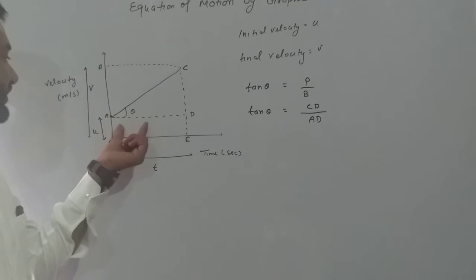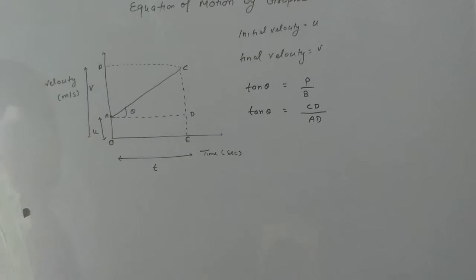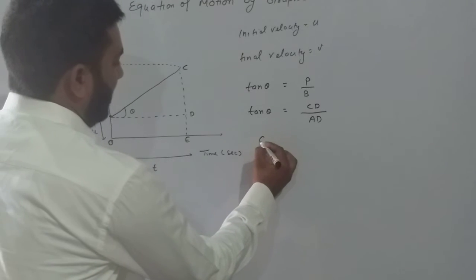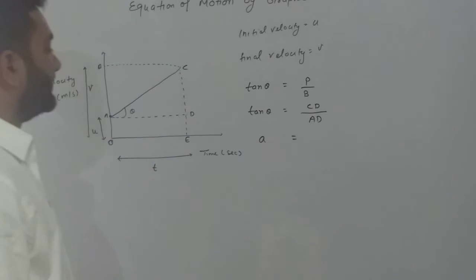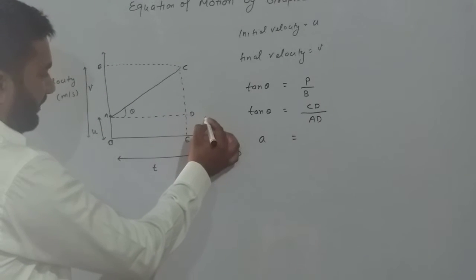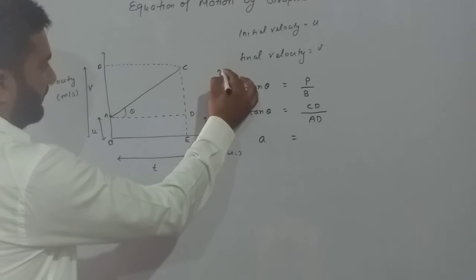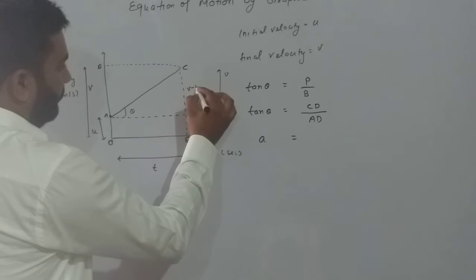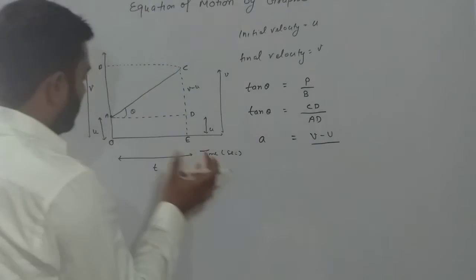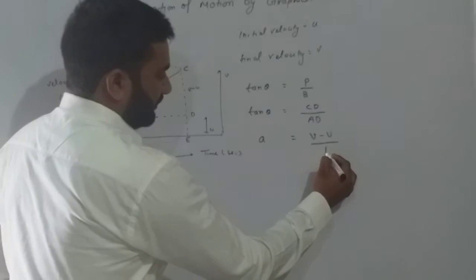This is the velocity time graph. So theta gives the slope, and the slope of the velocity time graph is known as acceleration. CD is equal to v minus u, since this is u and all of this is v. So tan theta is v minus u upon AD, and AD is parallel to OE, so it is equal to t.